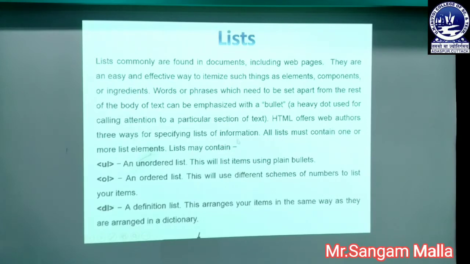So you can easily emphasize the importance of the UL, OL and DL tags in this document. Similarly, the bullet is also used to emphasize the selected text in a web page. In this way, the list is useful in the HTML document.